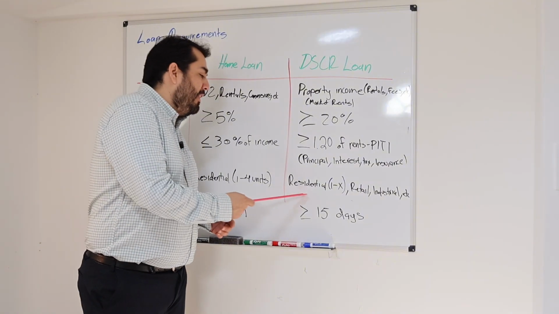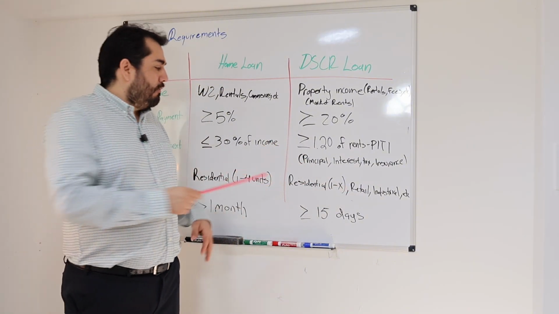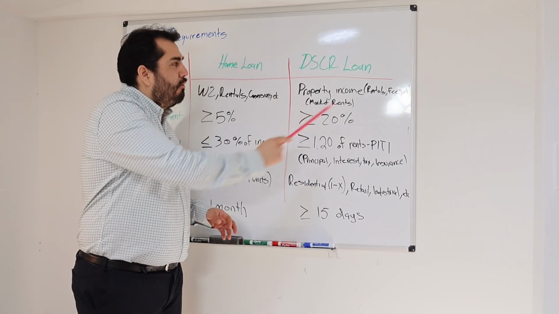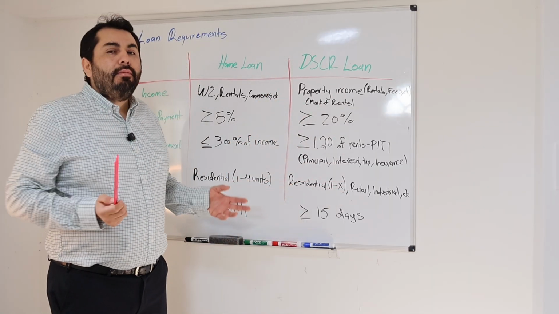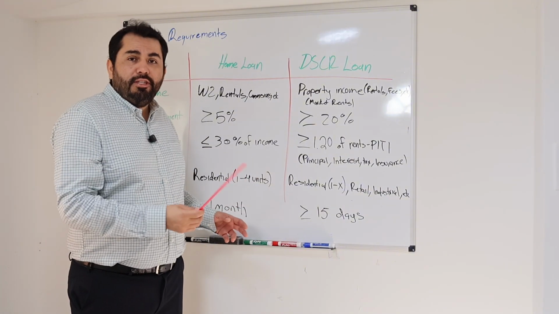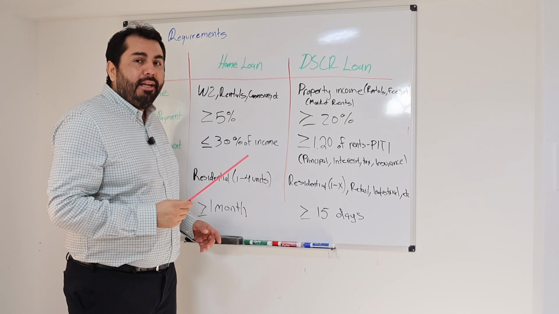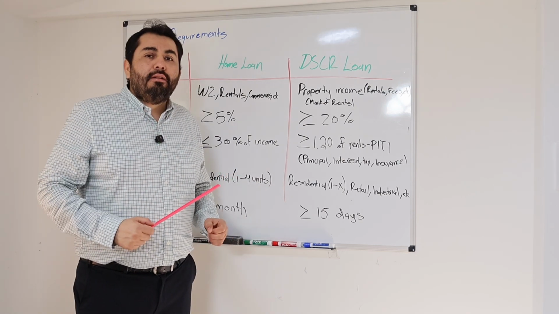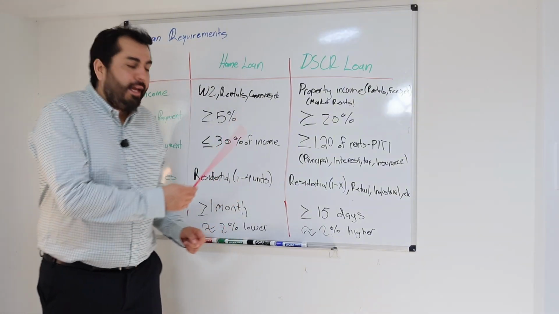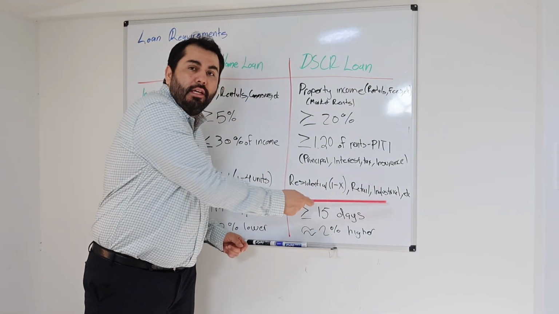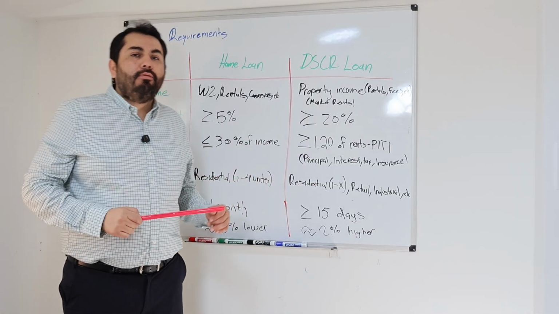So they can work with 1 to X number of units for residential, but usually for DSCR I would recommend 1 to maybe 8 or 12 units, because if you are purchasing, for example, a multifamily complex, I think it will be a better rate with the commercial loan. For the property types, you can also get retail, industrial, or other kinds of small commercial properties.